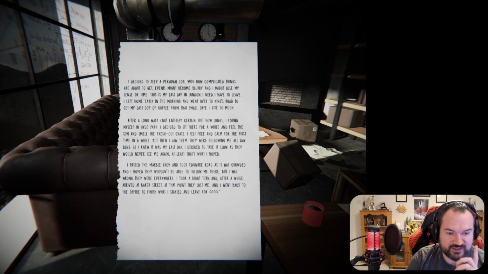At least, that's what I hoped. I passed the Marble Arch and took Edgware Road, as it was crowded and I hoped they wouldn't be able to follow me there. But I was wrong, they were everywhere. I took a right turn and after a while arrived at Baker Street. At that point they lost me, and I went back to the office to finish what I started and leave for good.